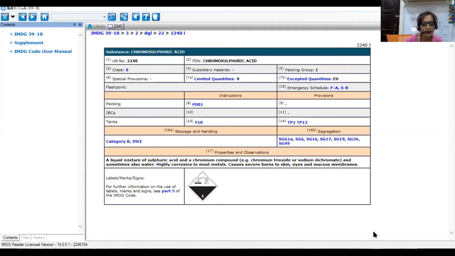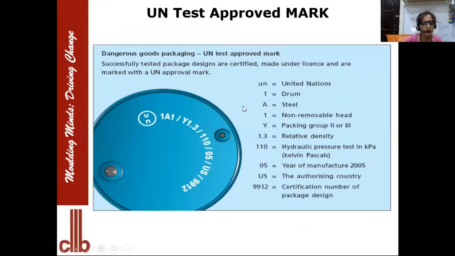It's not just telling us about the material that the drum is made out of, but it's also communicating to us the packing groups that it was tested for. So here you see the communication of the packing groups will define the stringency of the performance tests that are done onto these drums. The example I gave you is a drum, but it could be any type of package.